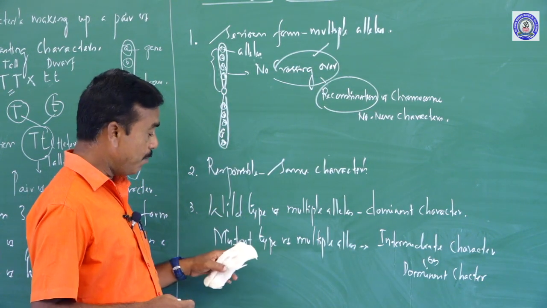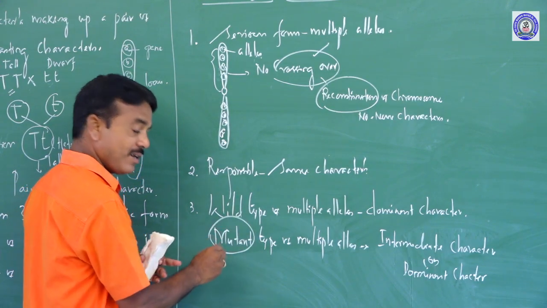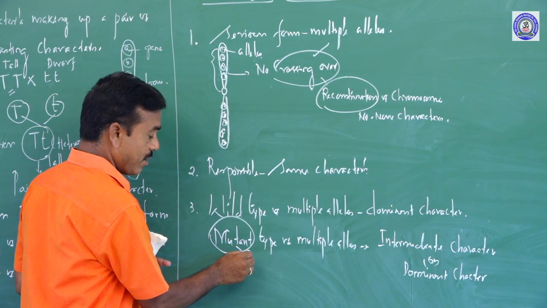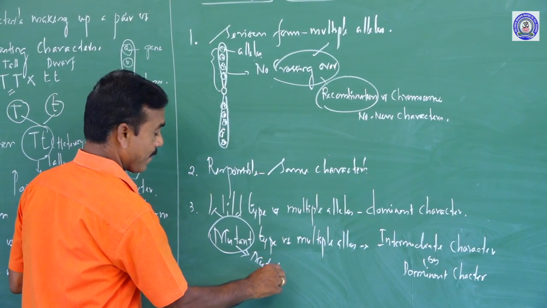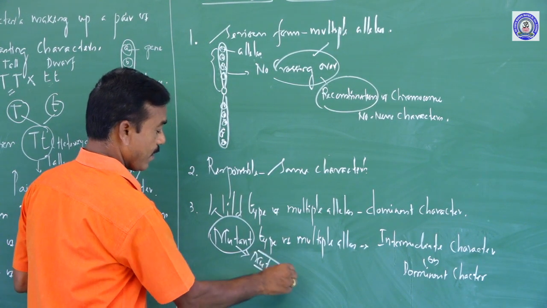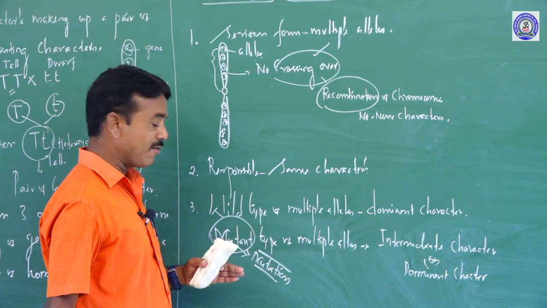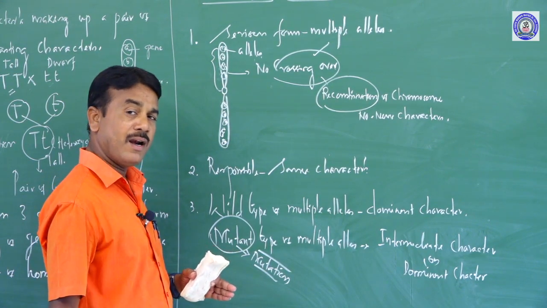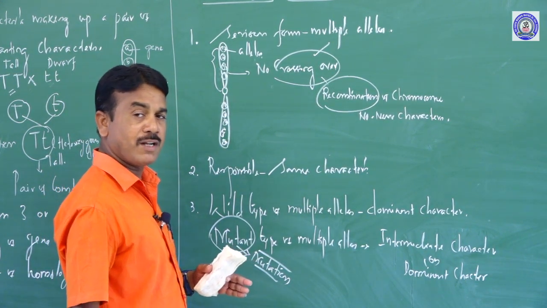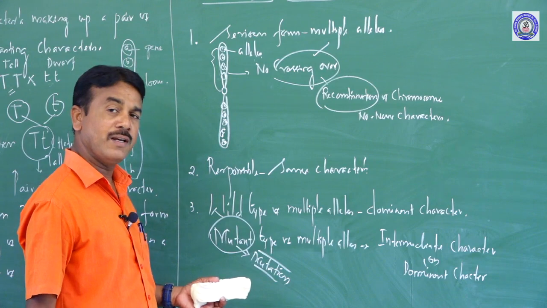But mutant, what is called mutant? The organism undergoes mutation. In the environment, many kinds of organisms are available, but not all organisms undergo mutation.